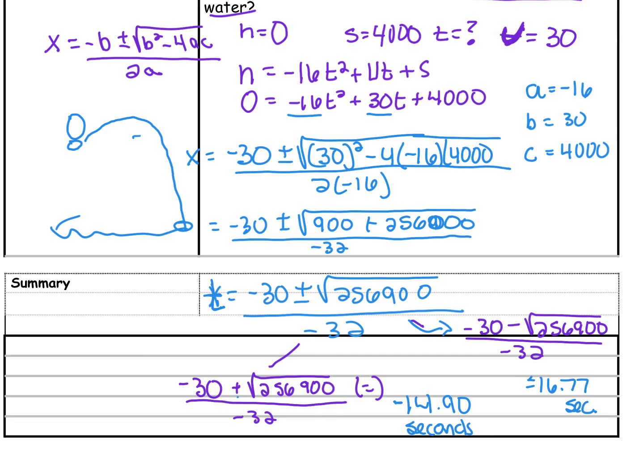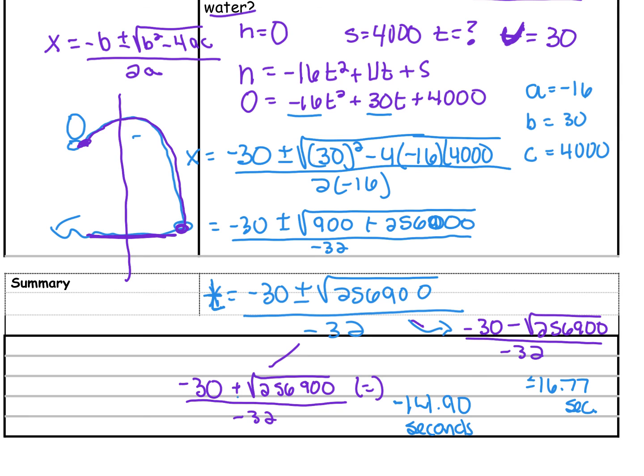So going back to what that means though. So if we are in the hot air balloon and we throw our object up and it comes down, think of what solutions mean to a quadratic.